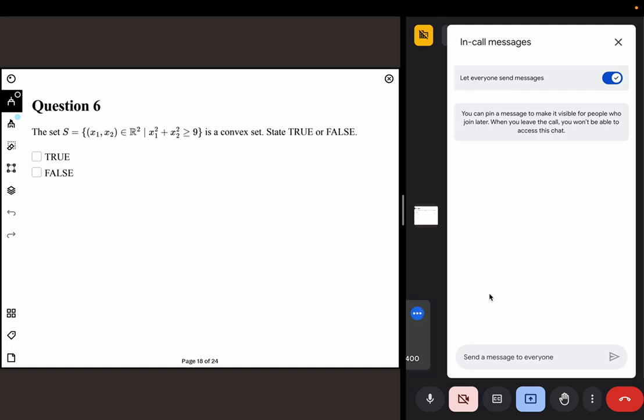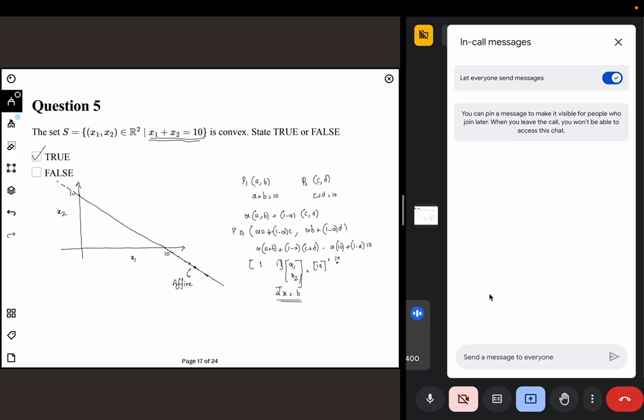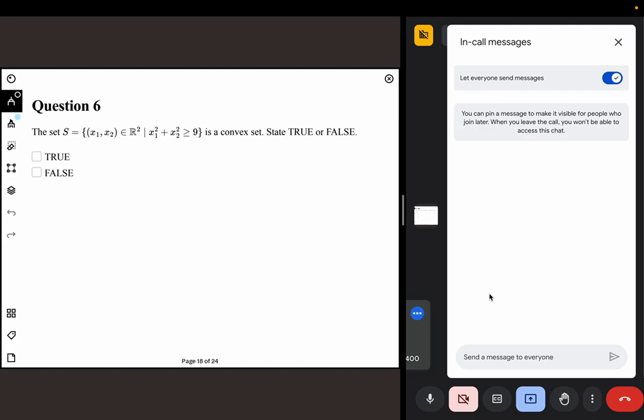Okay, now what about this set? Equality is clear. When you have equality and it is linear, it will be convex. That is clear because it represents a hyperplane. So is this a half space? No, but then you have to see the other part as well.